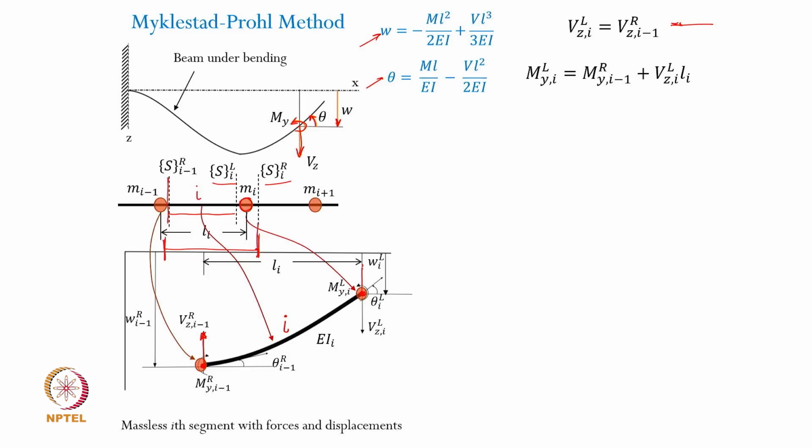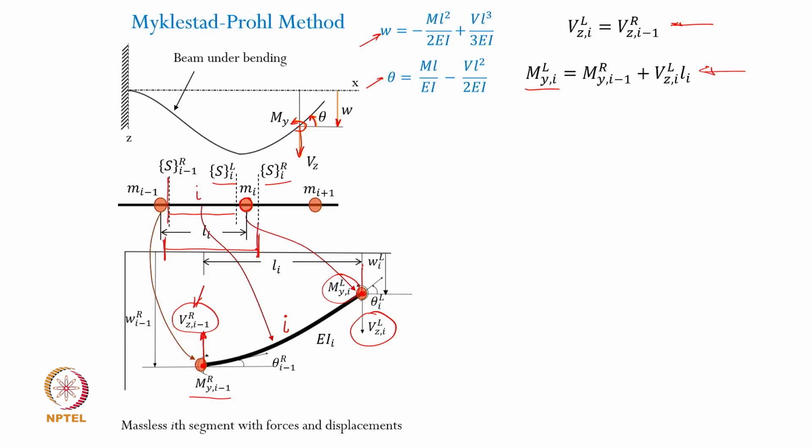So the shear force on the left of the ith segment, that is this shear force, will be equal to this particular shear force, whereas the moment on the left of the ith mass, that is this moment, obviously will be equal to the moment on the other side multiplied by the moment created because of this existing shear force, right. So obviously this equation will be the moment balance equation for that segment, and these two equations are basically the equations arising out of the static force balance.